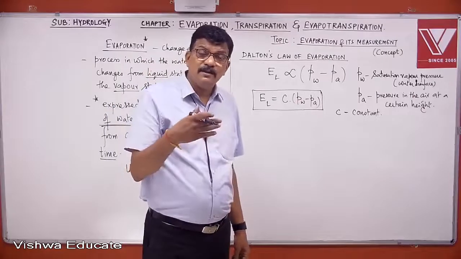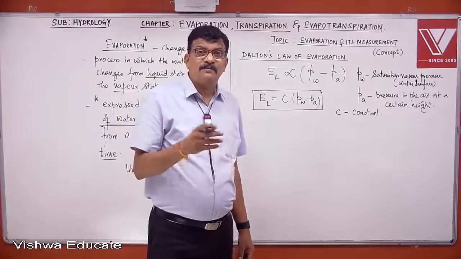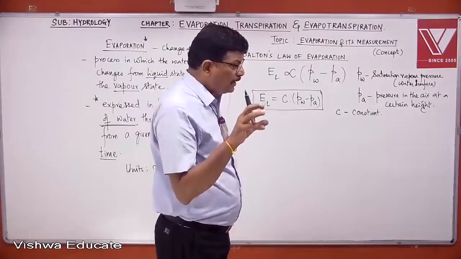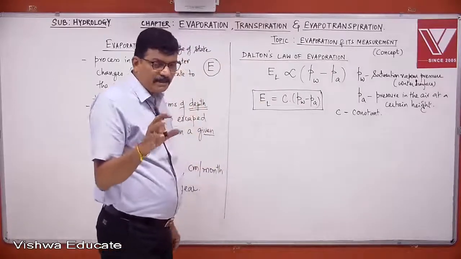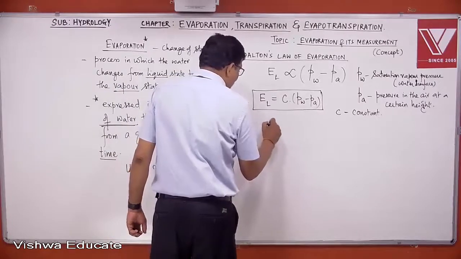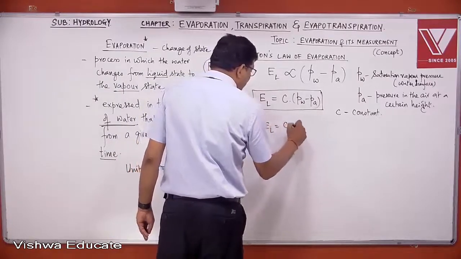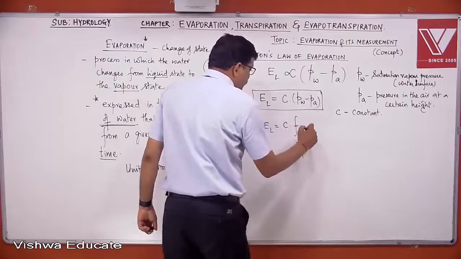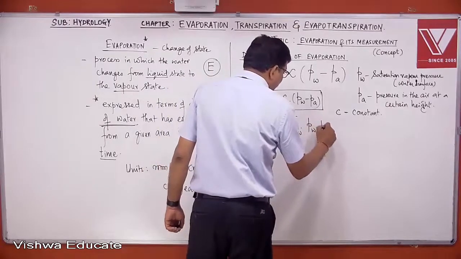The higher the wind, the higher would be the rate of evaporation. So there is a small correction that is made. A wind factor is also included. The same formula can be corrected as C into Fw into Pw minus Pa.